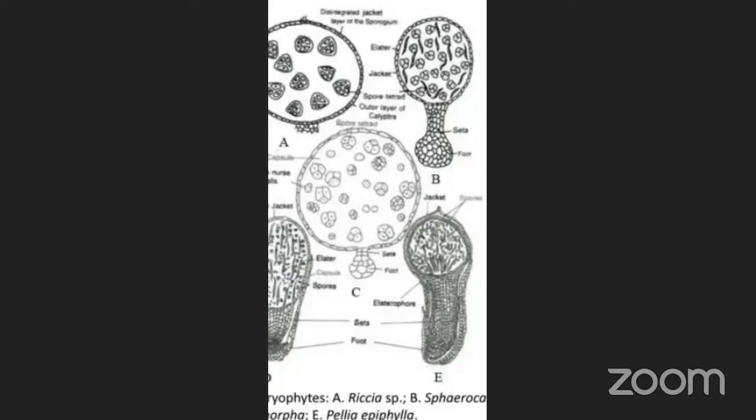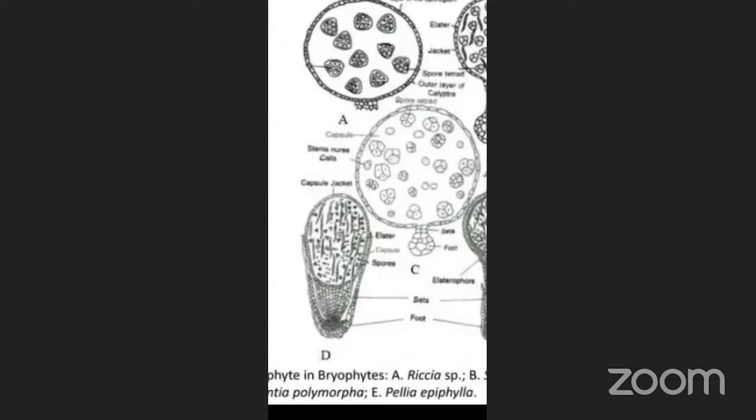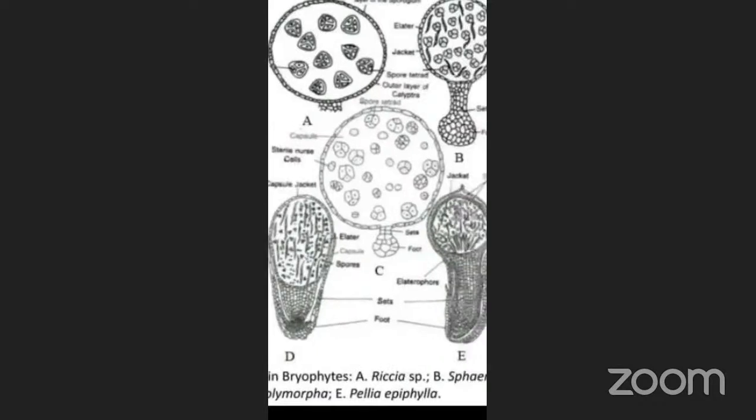So the capsule wall is also decreased gradually. It will be decreased, meaning progressive simplification is there. Reduction and simplification occur. That's why in Riccia the capsule wall is only a single layer, compared to the remaining Polytrichum, Marchantia and other advanced ones and the complexity of Funaria.